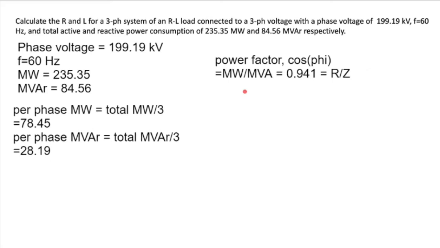is 83.36. Per phase MVA was 83.36, and per phase MVA is what? V phase times I phase. Right? Is that okay?